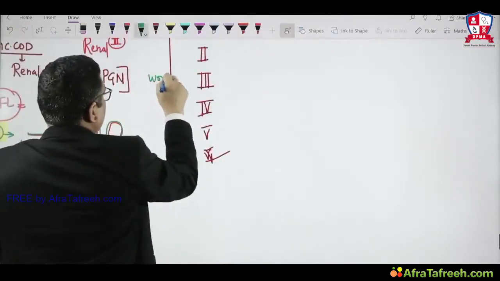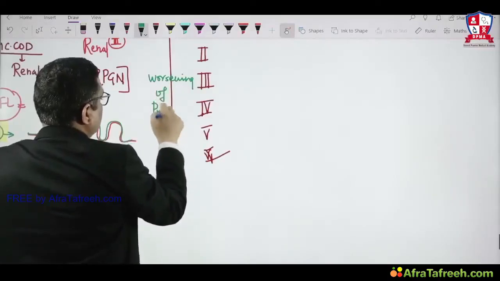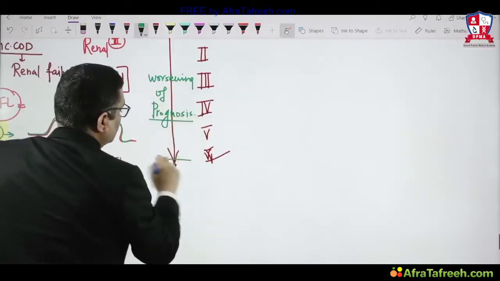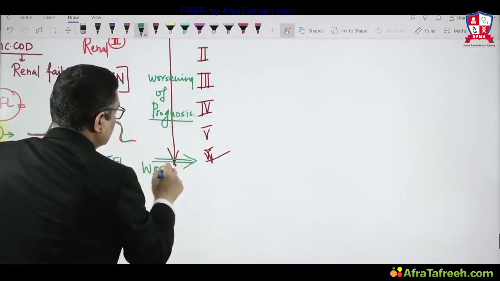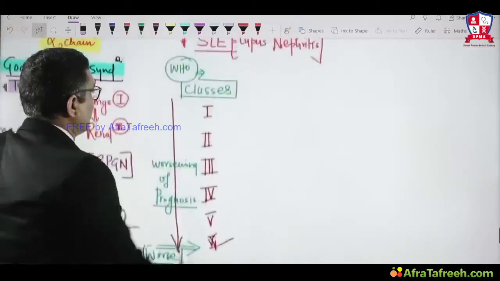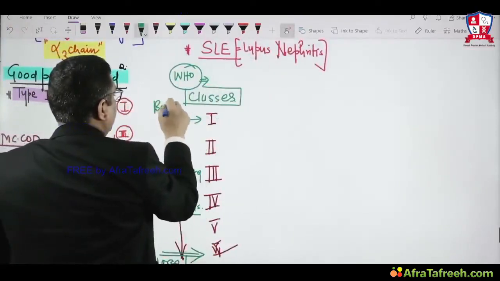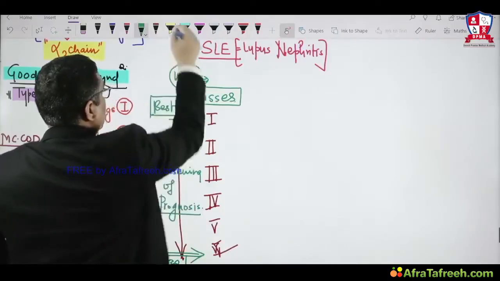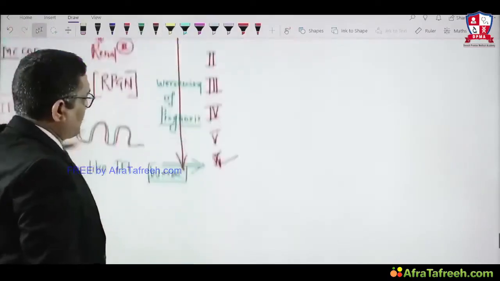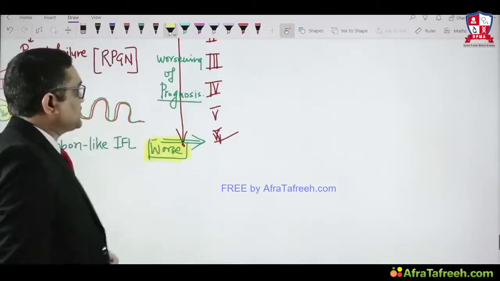So class 6 will have the worst prognosis, and class 1 will have the best prognosis. That is the importance of this WHO class.